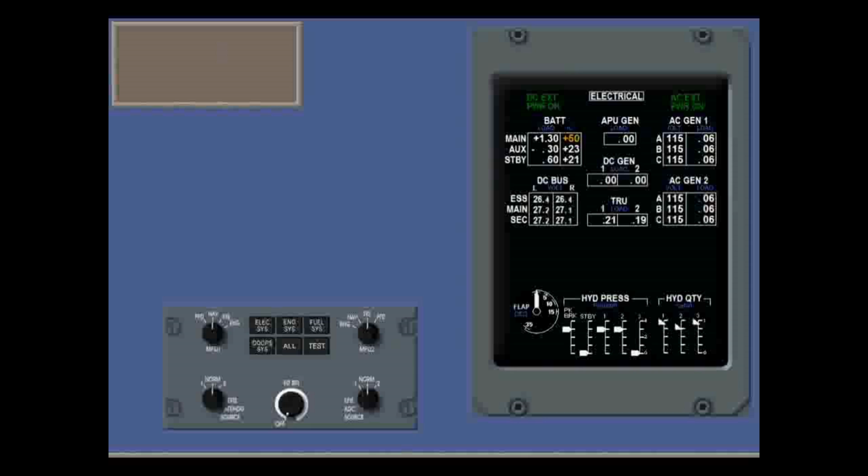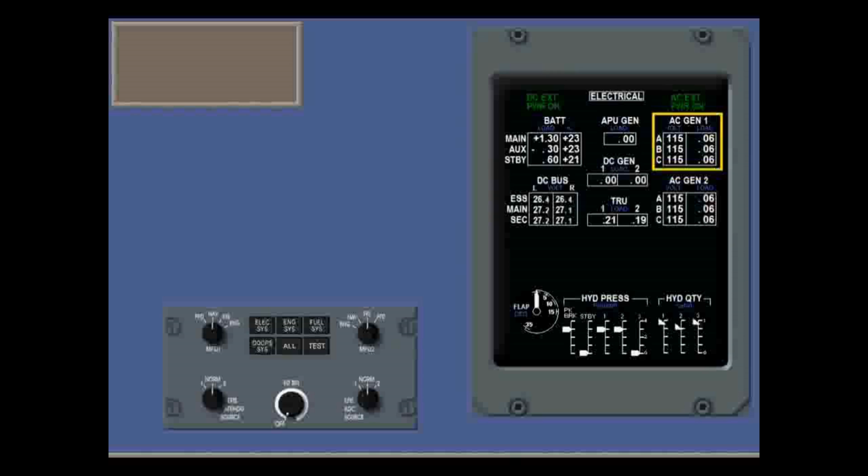Battery temperature goes amber over 50 degrees centigrade and red over 65 degrees, triggering the three battery hot warnings. On the DC side, you also have the voltage on the left and right essential, main feeder and secondary feeder buses.